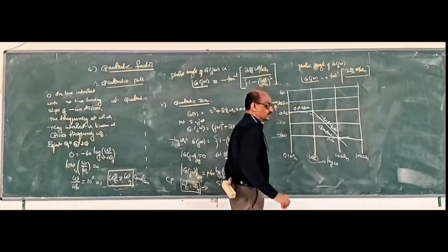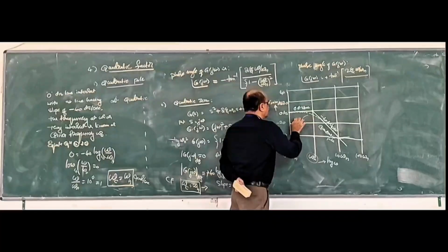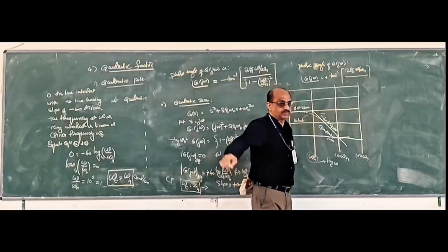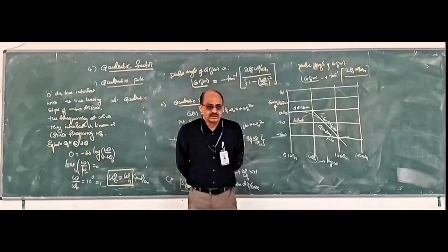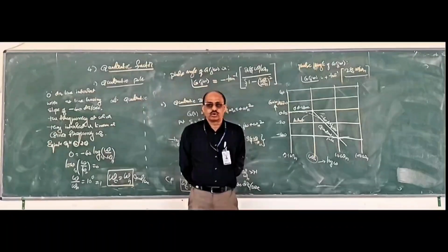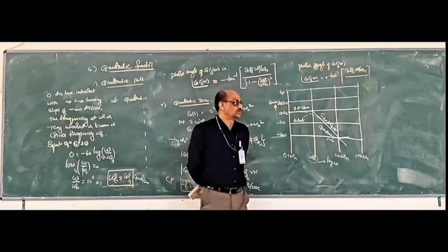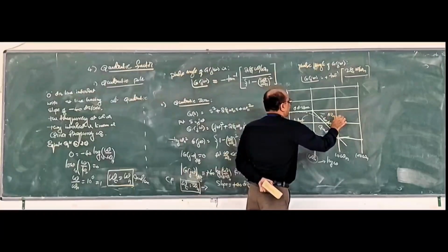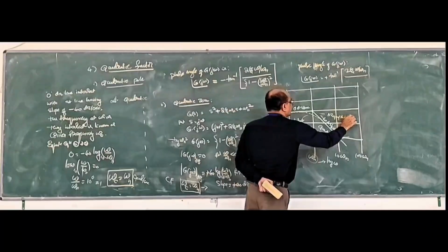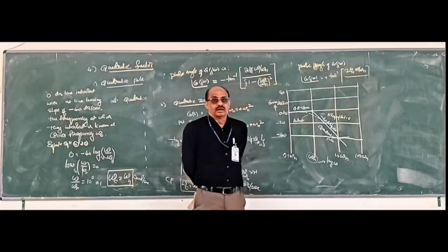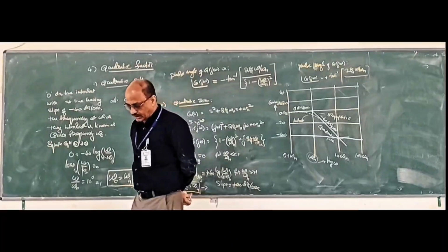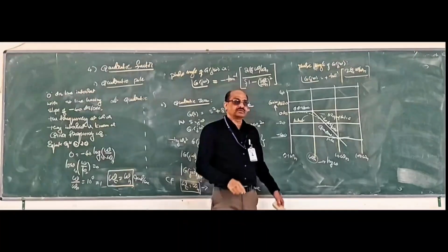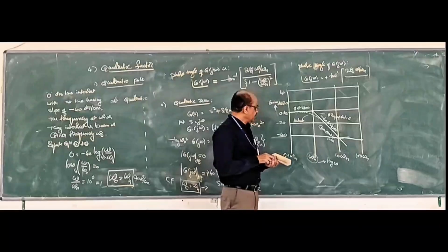This is actual, and this is asymptotic. The same thing is equally valid for a pole also, the simple pole and simple zero. So these are asymptotic straight lines. Okay, anyway, same thing. Hope you have taken it.